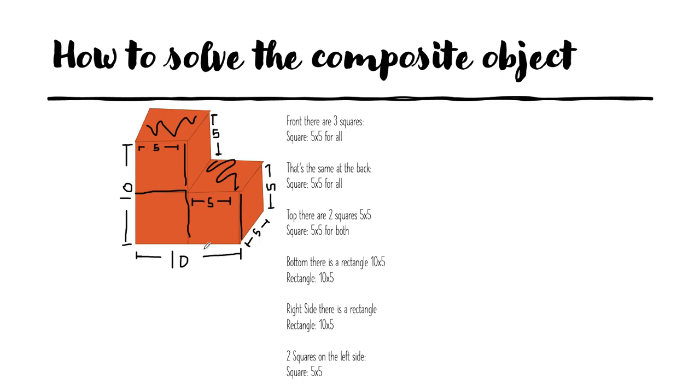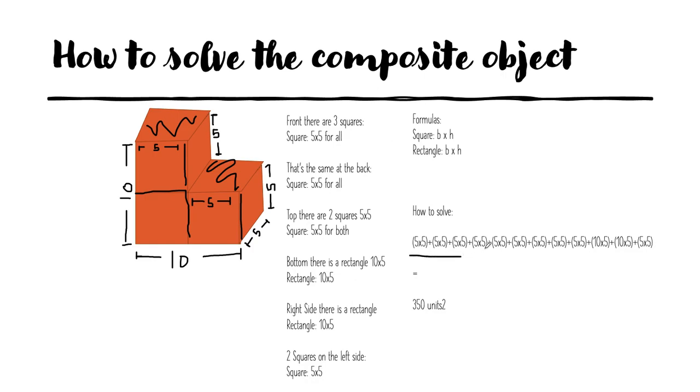Instead of writing it like this, let's just write a formula. A square has base times height, and a rectangle is also base times height. So we can use these as 3 squares. These are our front, these are our back, these are our top, these are our left squares, this is our bottom, and this is our right.